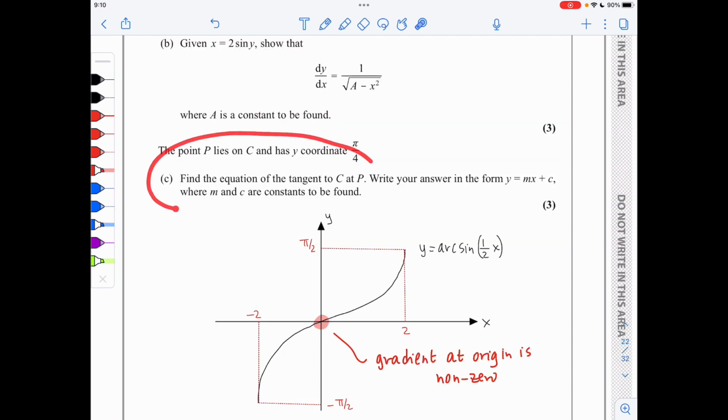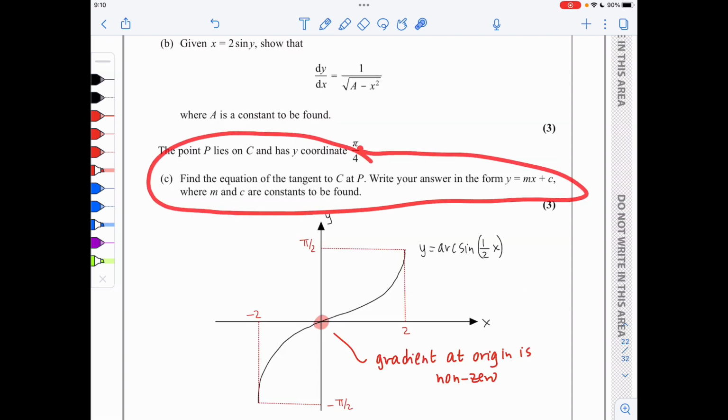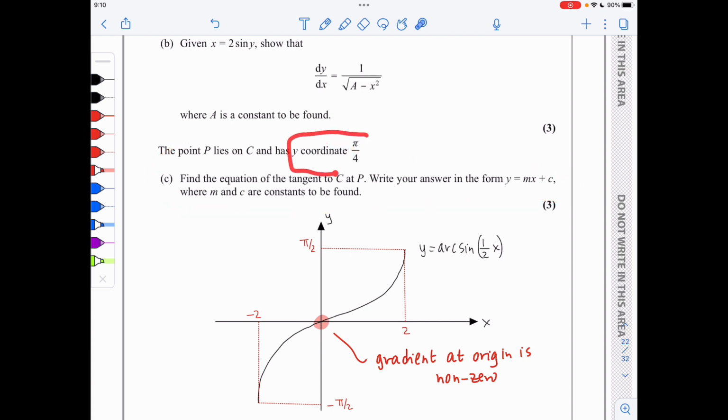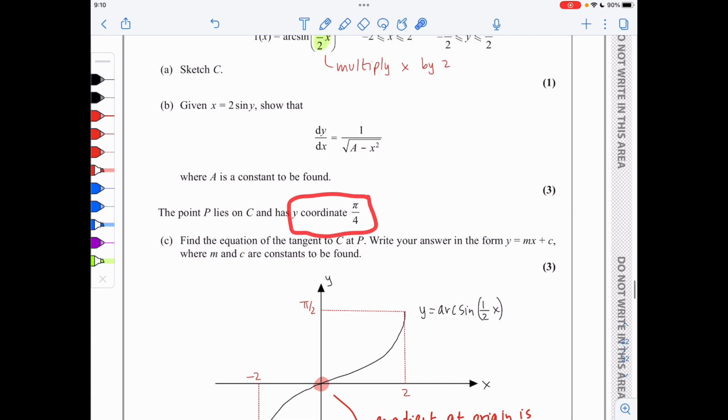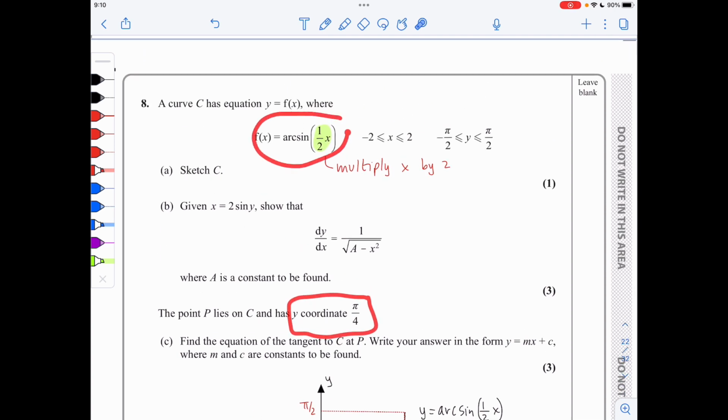In part C, we need to find the equation of the tangent to C at P, at which point the y coordinate is pi over 4. So the curve was f of x, being arc sine of half x. We need to build a connection between these two, which will turn out to be that they are essentially the same.